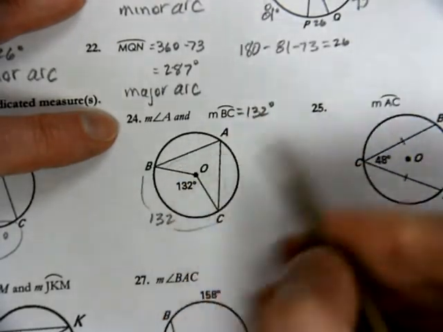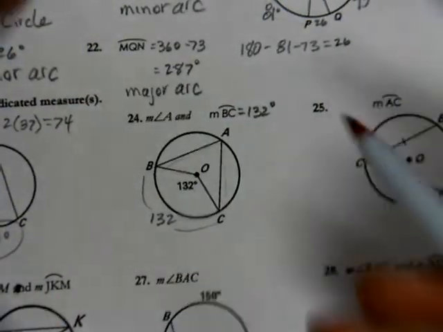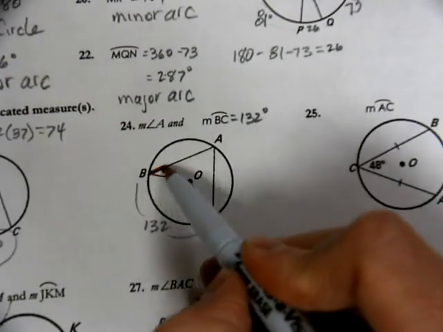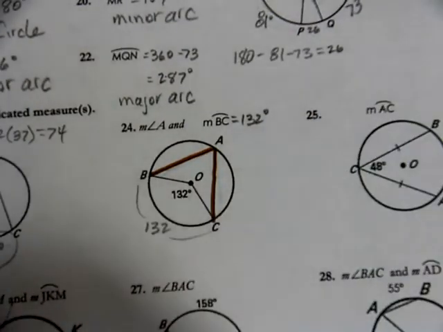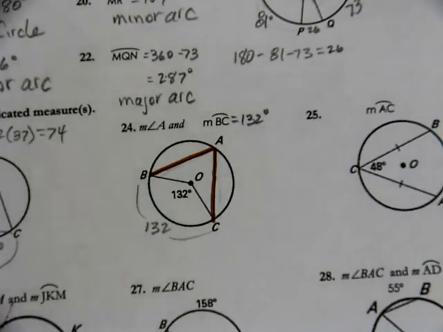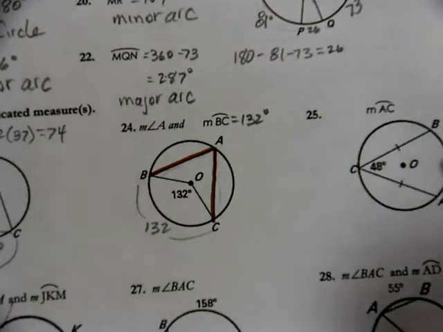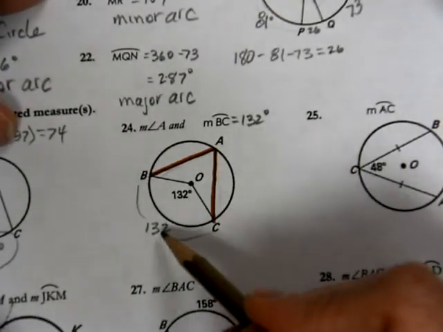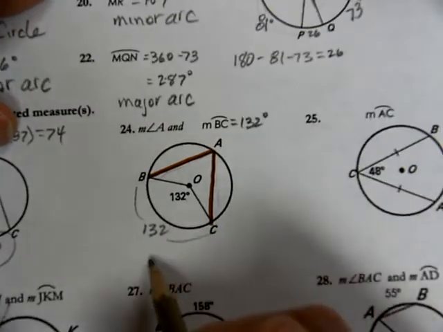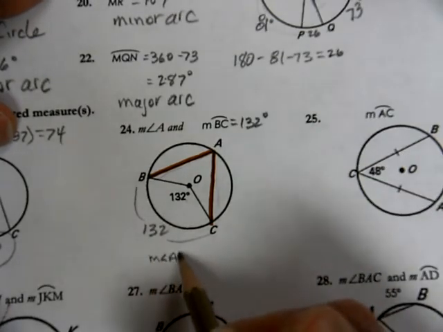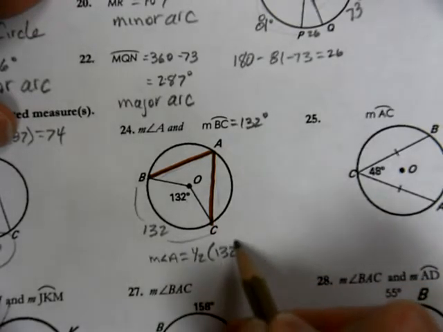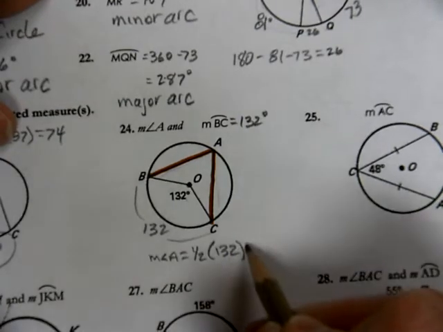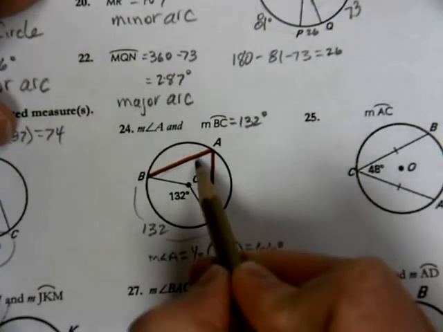But angle A, notice, that's going to be half. So the measure of angle A, which is an inscribed angle, equals half of 132. That's again going to be 66 degrees.